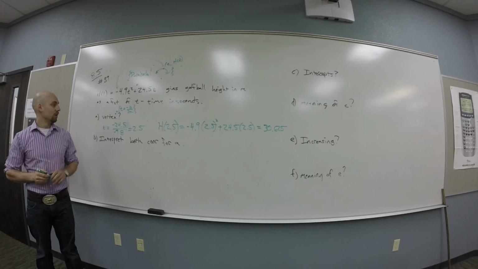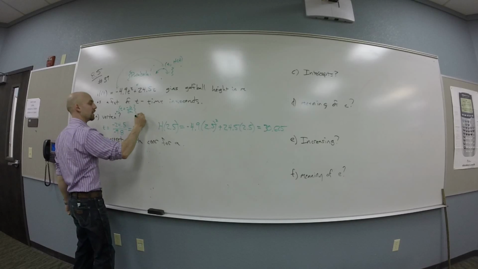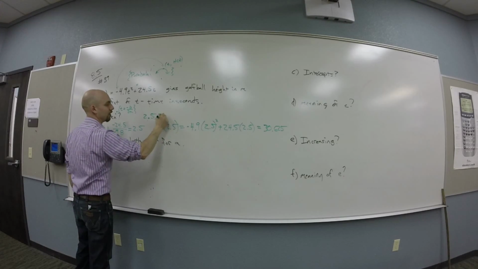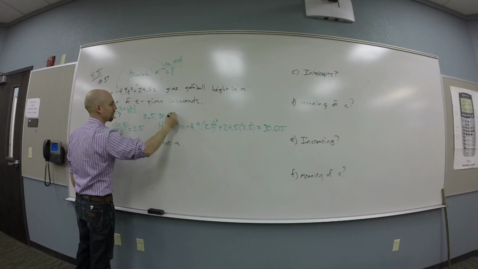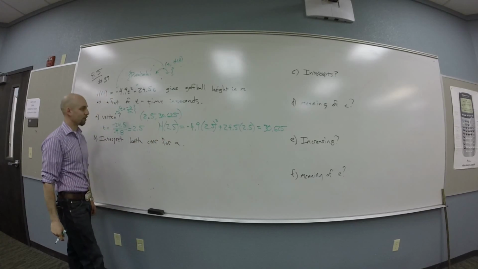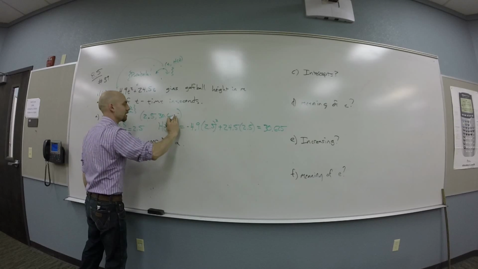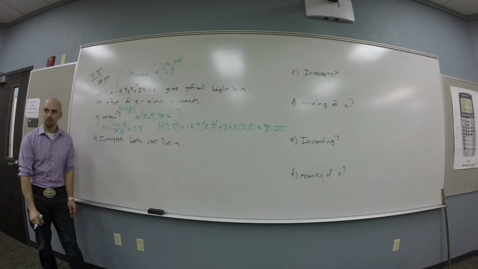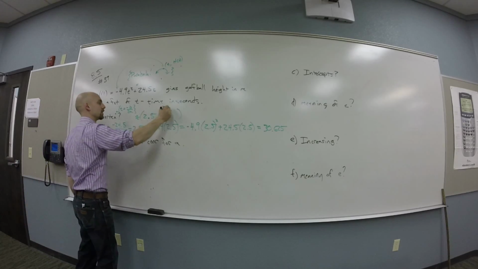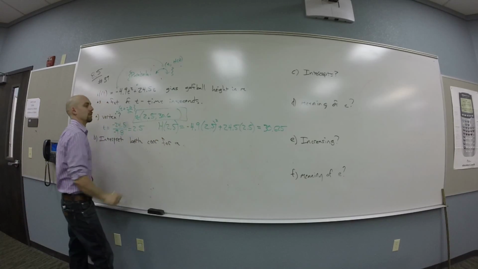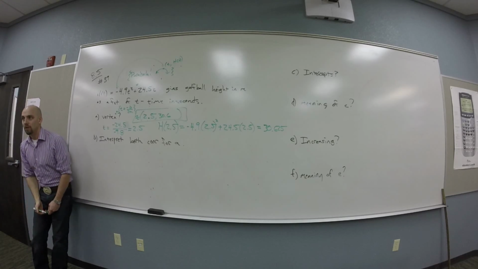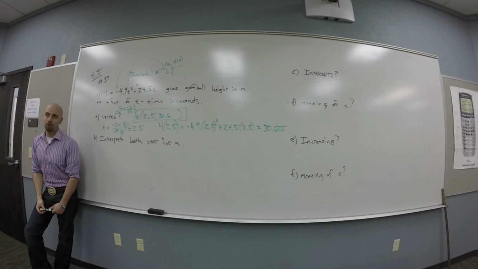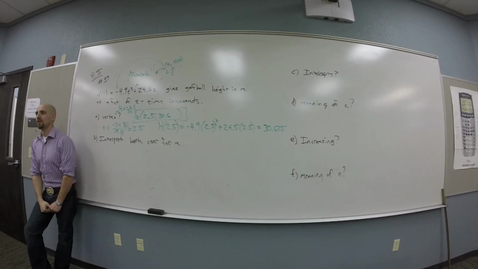Okay, so that's my vertex, right? It's at 2.5 comma 30.625. And they actually told me to round to the nearest tenth, I think. So there's an approximate vertex. Now, they want me to interpret both coordinates.